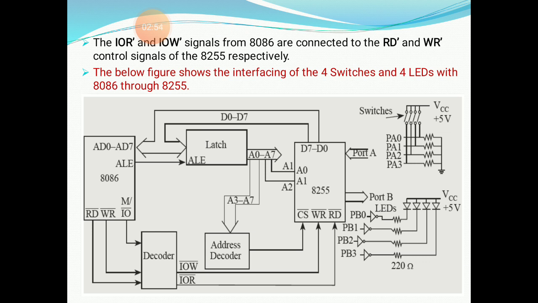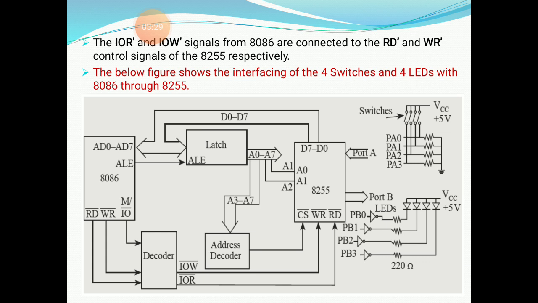Now let us see the interfacing diagram of 4 switches and 4 LEDs with 8086 through 8255. This interface diagram consists of various components: 4 switches, 4 LEDs, the 8255 IC (PPI), the microprocessor 8086, a latch, and an address decoder.